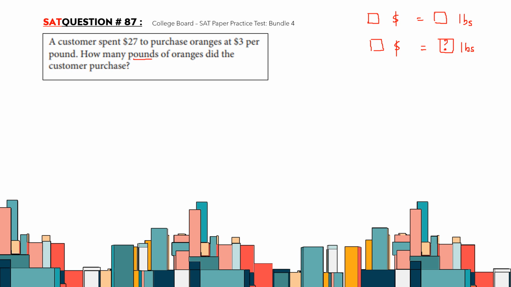Now let's fill in. So we have $3 per pound, so $3. Then we have $27.